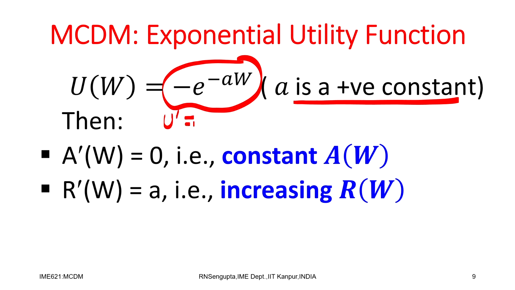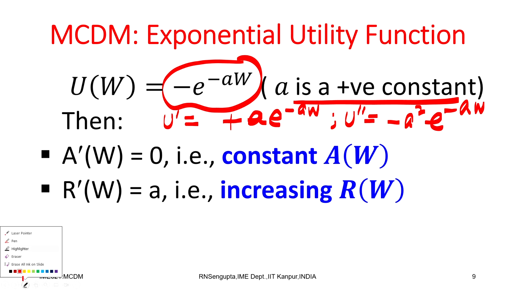U prime is equal to plus a e to the power minus a w, and u double prime is again minus a into a square e to the power minus a w.